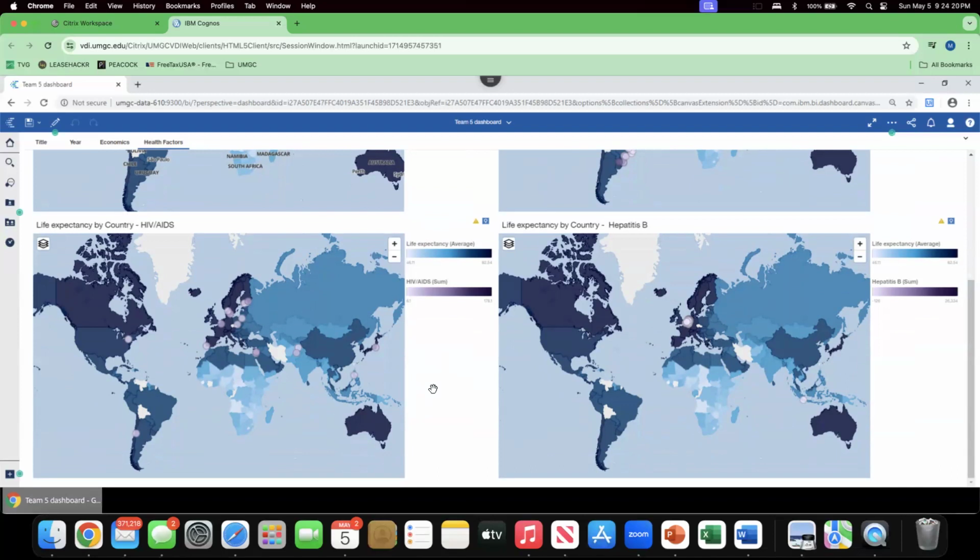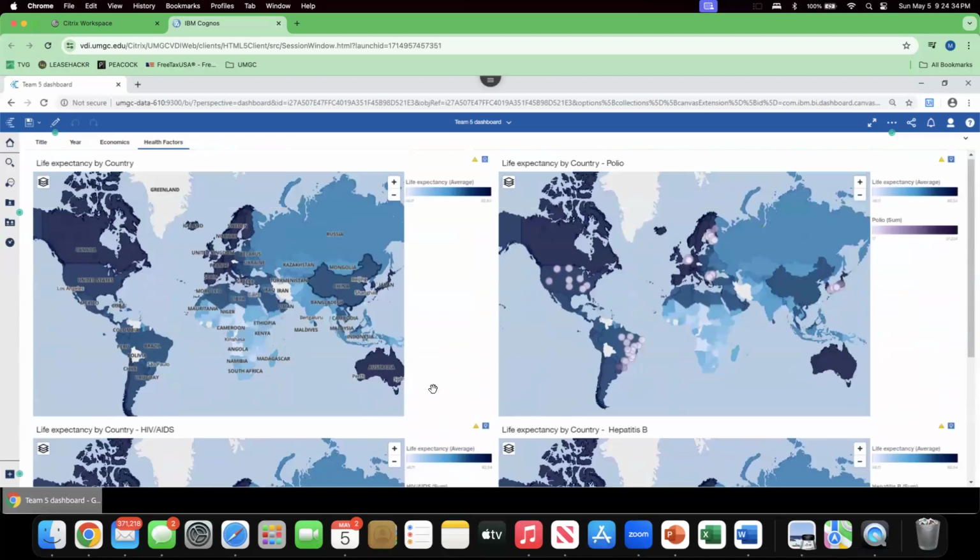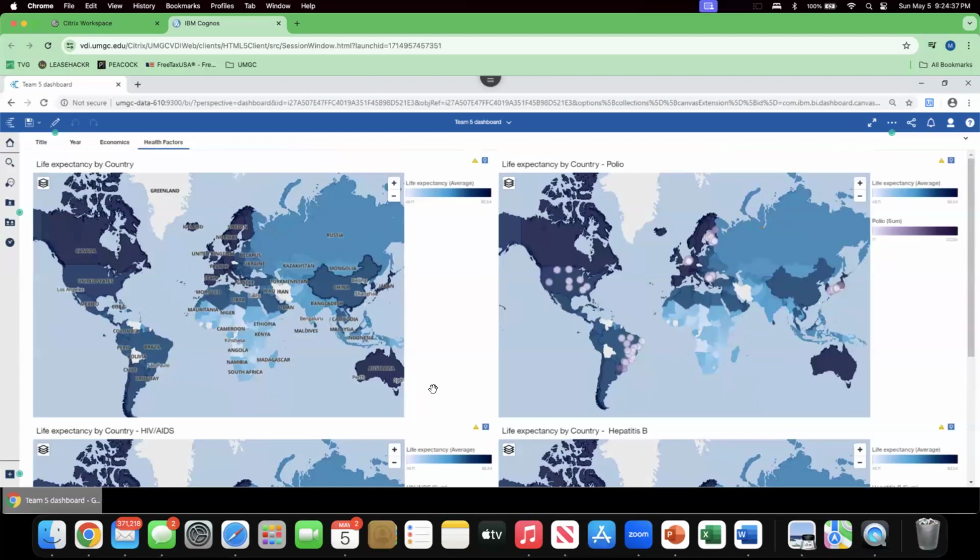But HIV and hepatitis are more along the lines of things where education and understanding are going to make the difference. And a lot of that comes into having the money to give to people to do this education. So it all wraps up there.